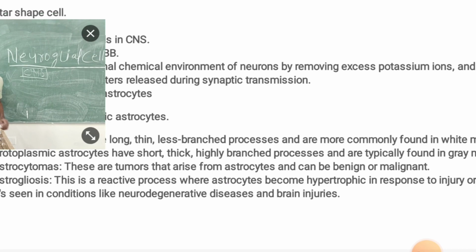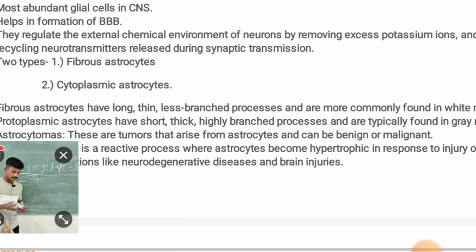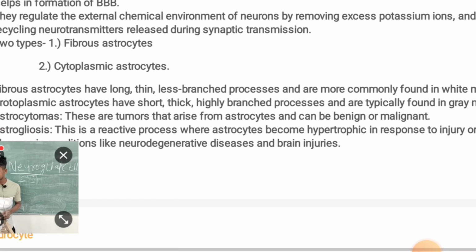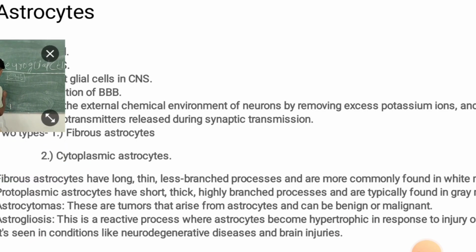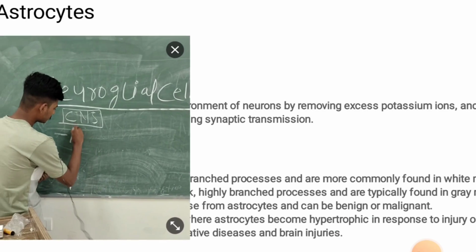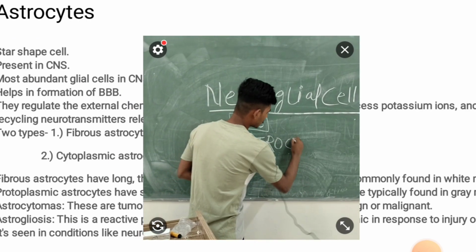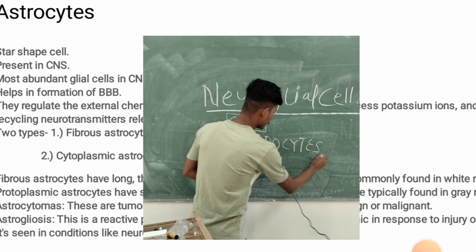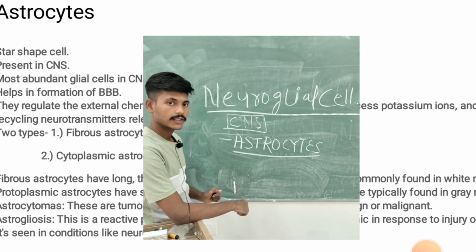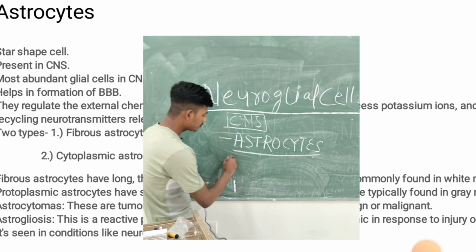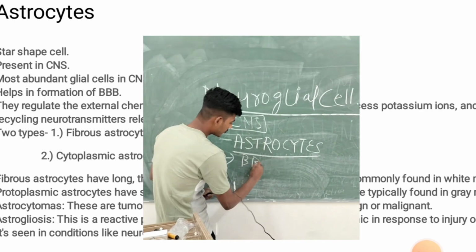Now, the astrocyte, the star shaped cell, helps in the formation of the blood brain barrier. The astrocytes are the second class of neuroglial cells present in the central nervous system.